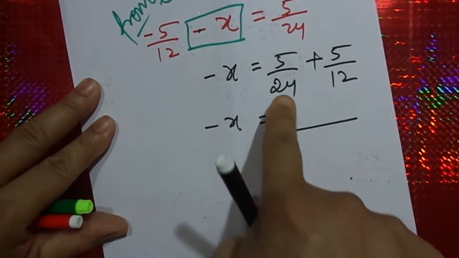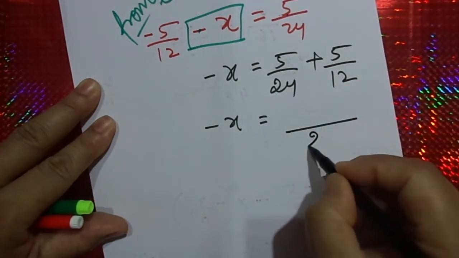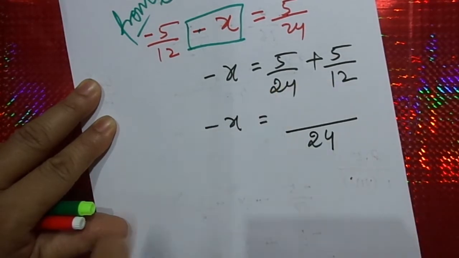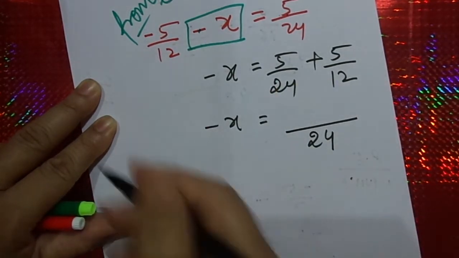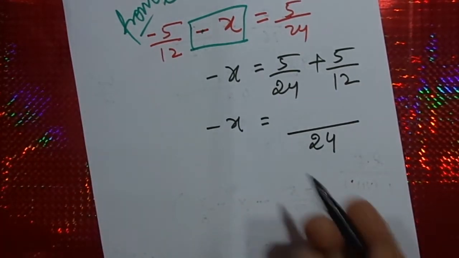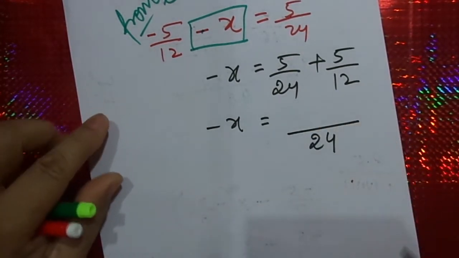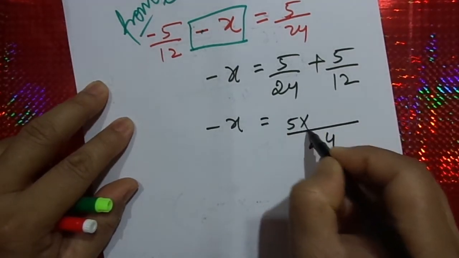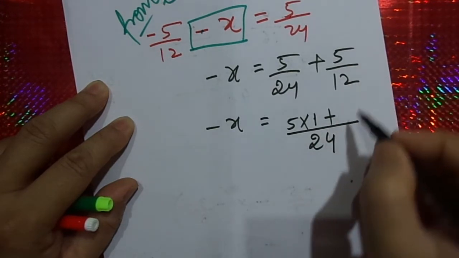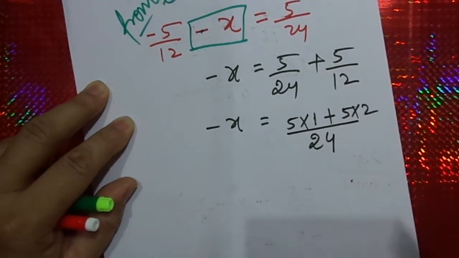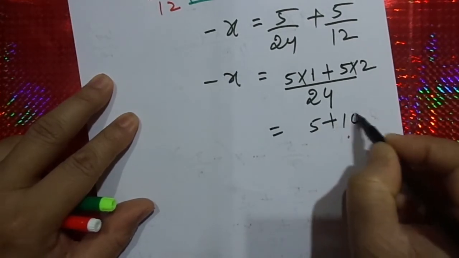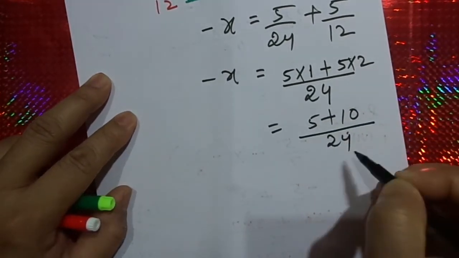Now the LCM of 24 and 12 will be 24, because one of them is a multiple of the other. And if you have any confusion, you can use the old traditional method to find the LCM. Okay. Now 5 times 1 plus 5 times 2 will be equal to 5 plus 10 by 24.